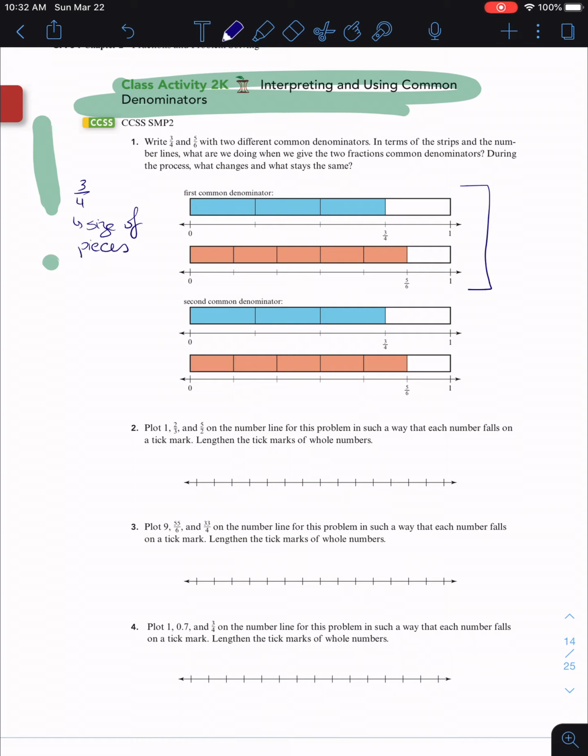So the quarter is the size of the piece. We need 4 of them to fill the whole. And this is how many pieces we have. So we have 3 of those. Now for the 5/6, we need 6 pieces to fill the whole. And this is how many we have.